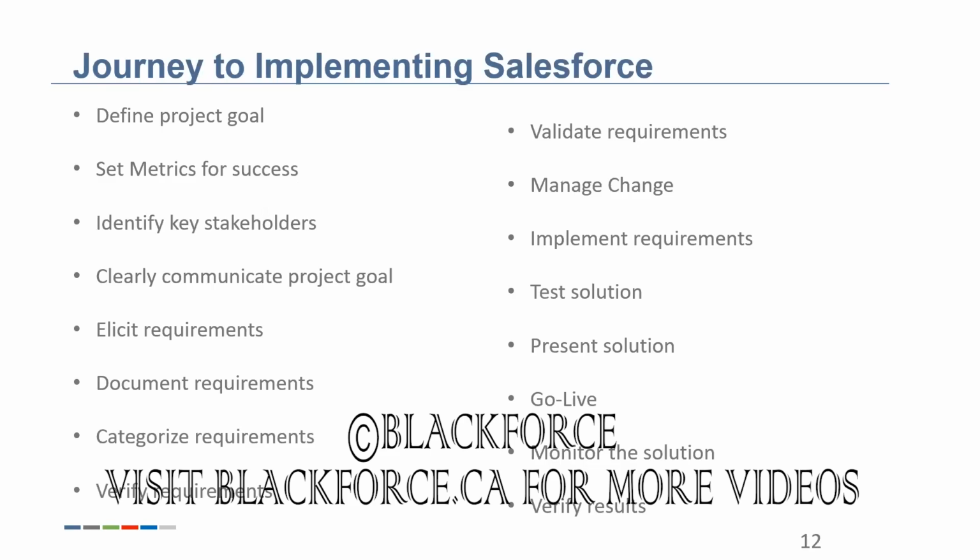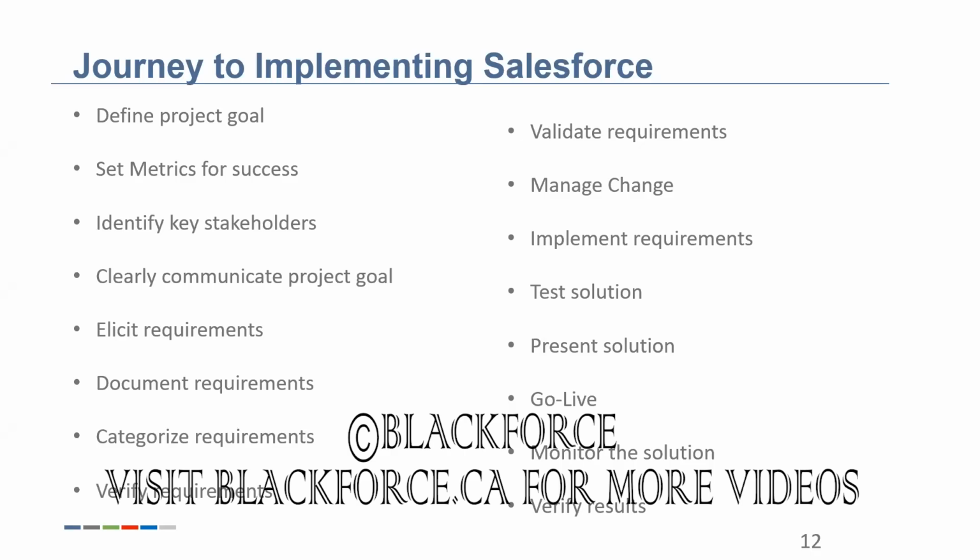What will the journey look like to implement this application? One is we're going to define the goal of the project. Then we're going to set the metrics for success, basically, because we need to be able to measure our success. That would help us determine whether or not we achieved it. We will then identify the stakeholders that we're going to work with.